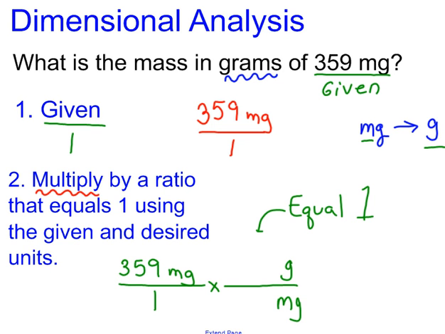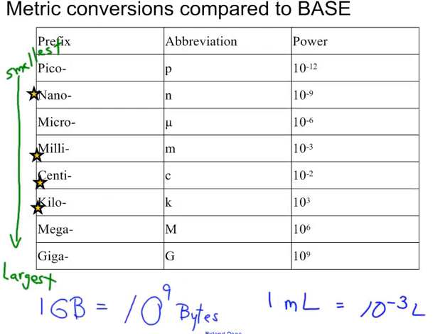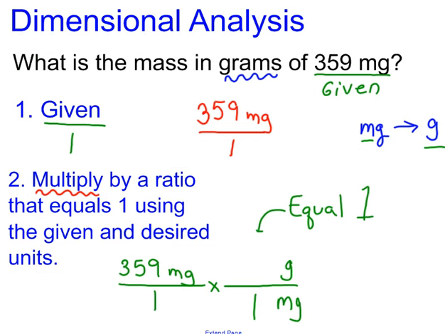So the value on the bottom and the value on the top, we have to go back to the table, if we don't have it memorized yet, for metric conversions. And the conversion factor is between milli and the base unit of grams. So if you look at that, the milli and the base unit of grams, 10 to the minus 3. What does that mean? It means that 1 milligram is equal to 10 to the minus 3 grams.